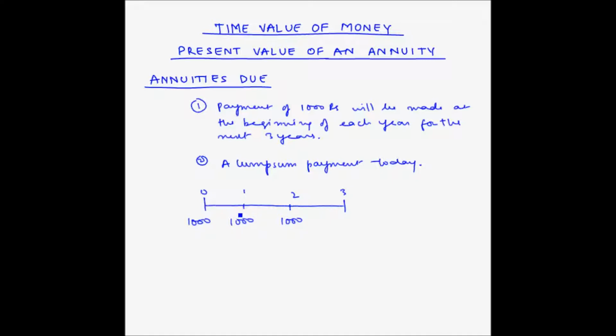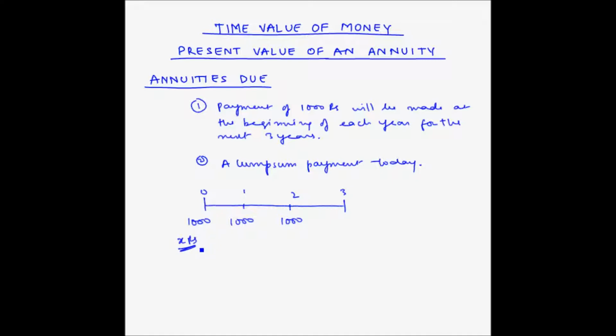Now you are trying to find out the lump sum amount that you will get as part of option 2. So if instead of taking these 3 payments, you take one payment, let's say X rupees, right up front, how much should this amount be?